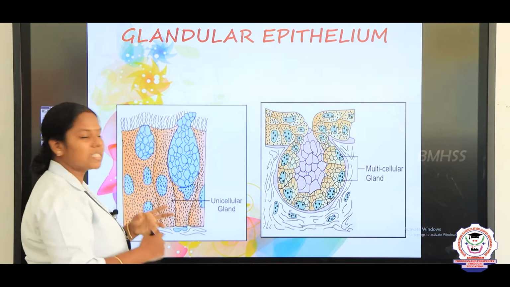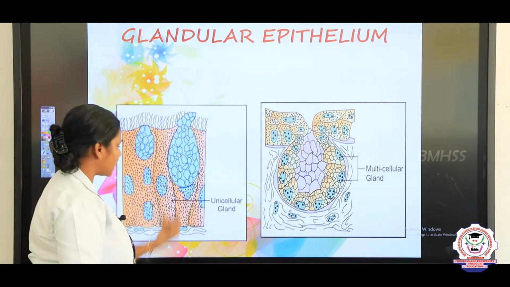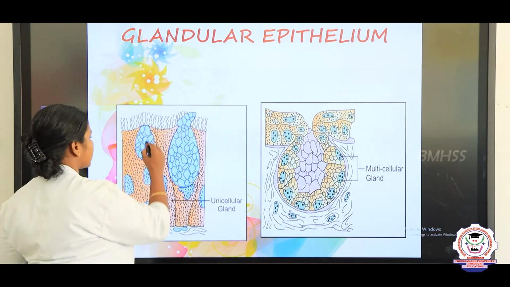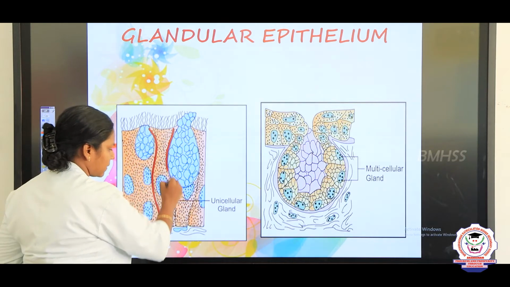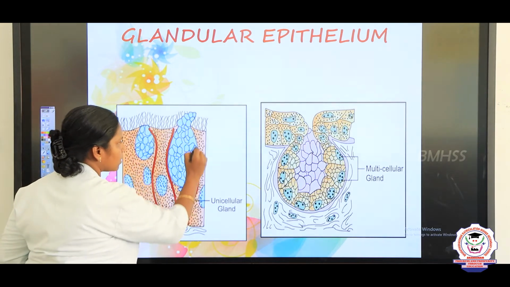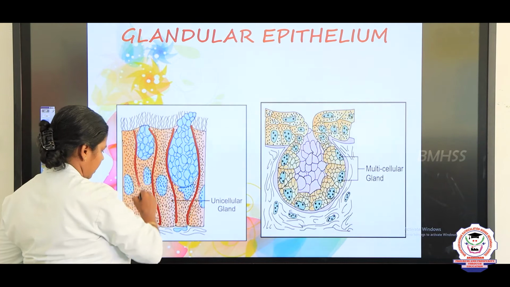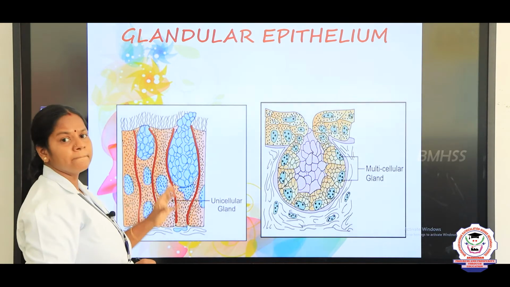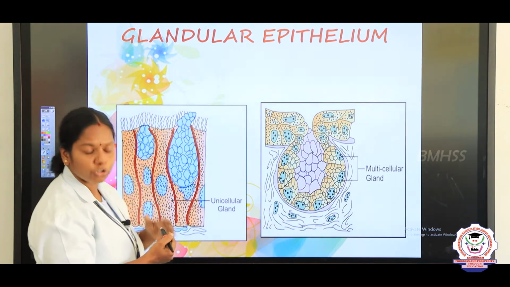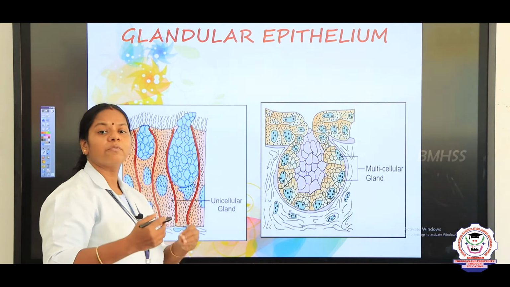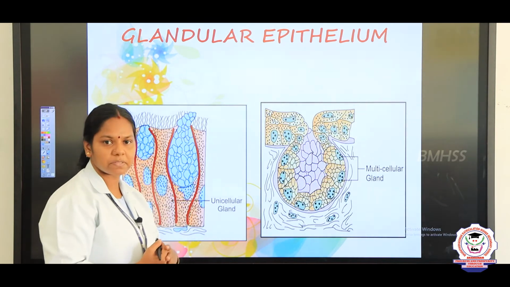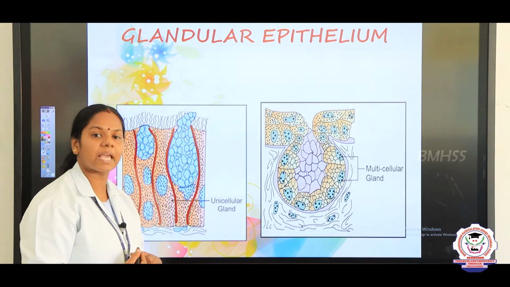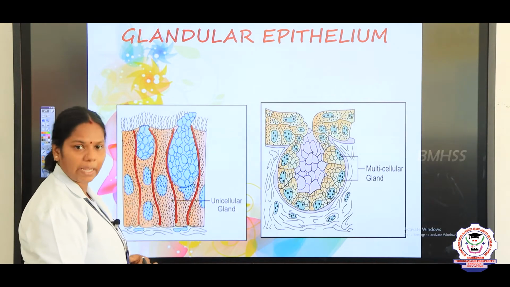Just imagine this is a columnar epithelium. Some columnar cells or cuboidal cells perform the additional function of secretion. Such type of epithelium we call a glandular epithelium.